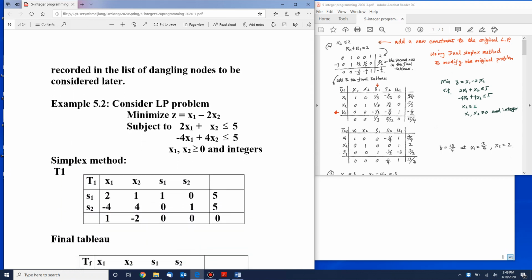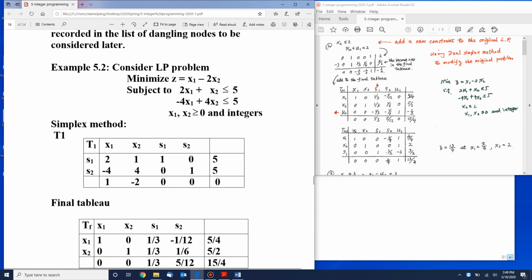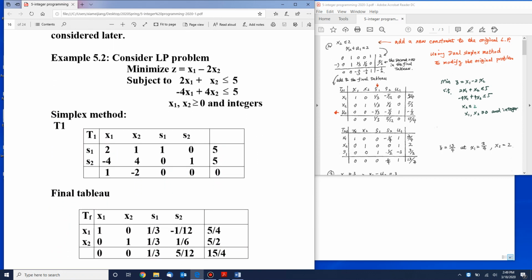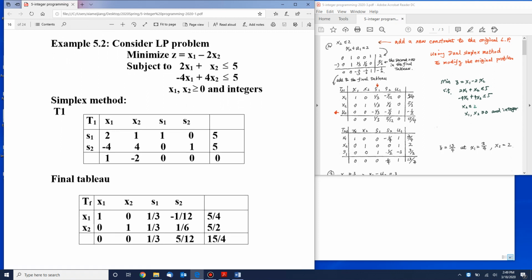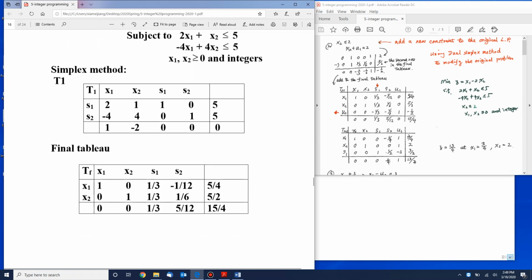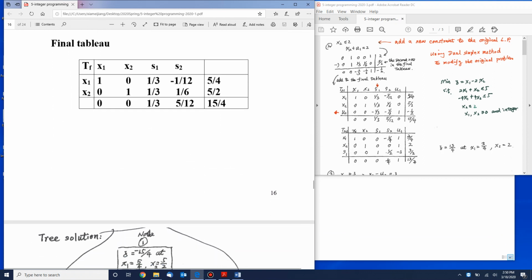This one is actually back to example 5.2. We already worked it out by the cutting plane method. Here we have a minimization problem and we have a final tableau like this, right? Here what we do is we write the tree in this way, and I'll use the pen to write it down.